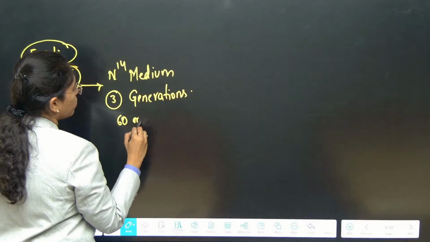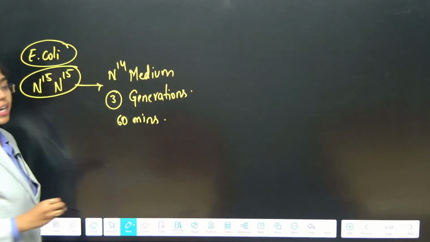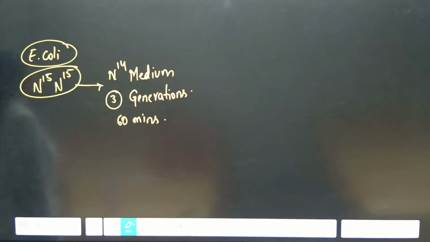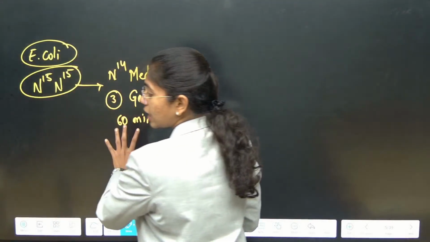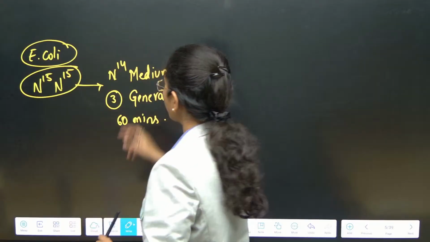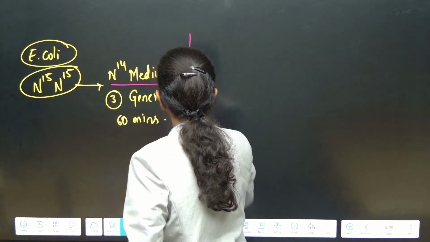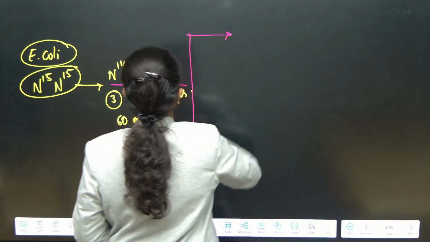After 60 minutes, what will be the gradient? How many heavy isotopes, how many light isotopes, how many intermediate isotopes are found? Like that the question can be asked. So here if you see, when it is placed in the N14 nitrogen medium, you can observe like in the first generation.